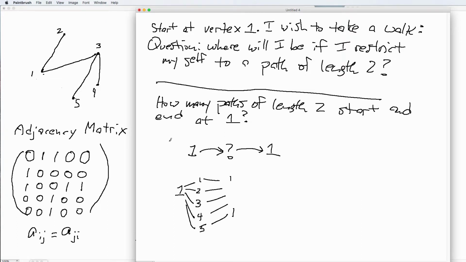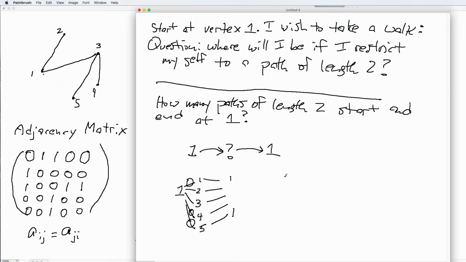And if we were to put that in terms of the adjacency matrix, some of these paths are going to have zeros in them. For example, if I see 1 to 1, there's a 0 on that one. Okay? 1 to 2 and 1 to 3 are fine, but there's no 1 to 4, and there's no 1 to 5.